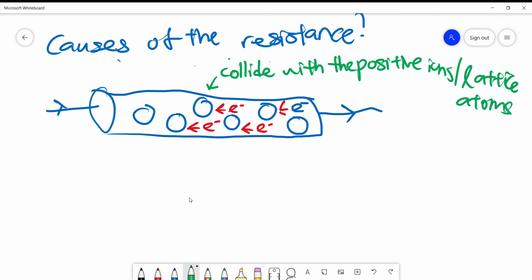The collision between the free electrons and the atoms, before the free electrons are scattered away by the lattice atoms, will eventually cause resistance.